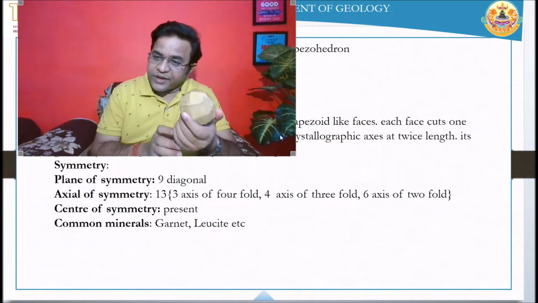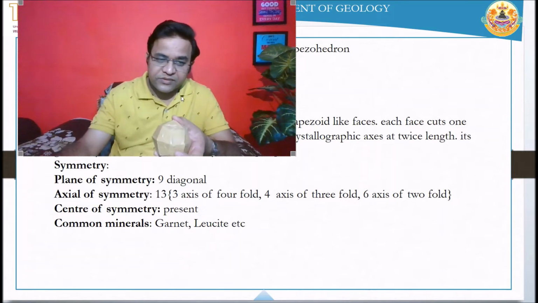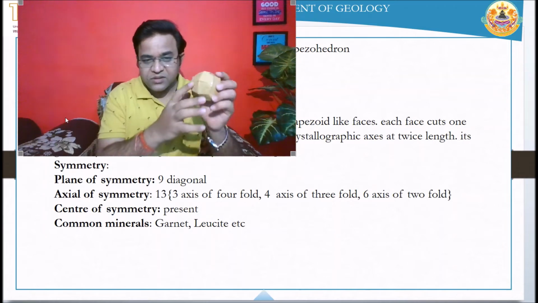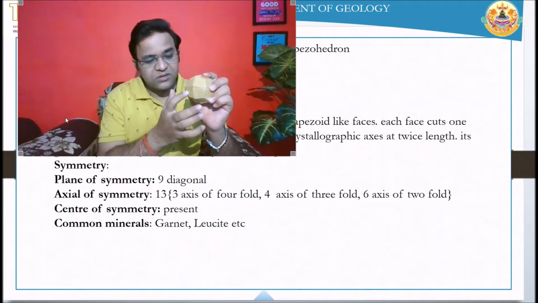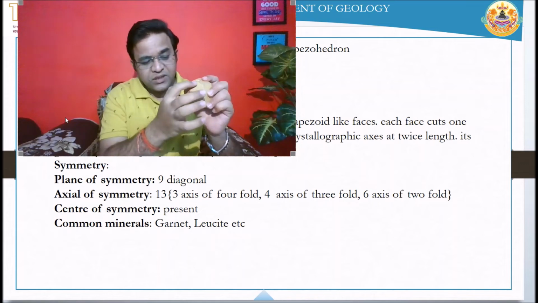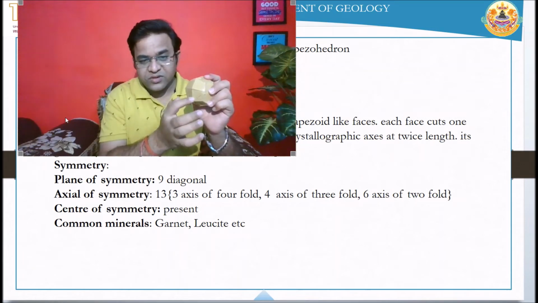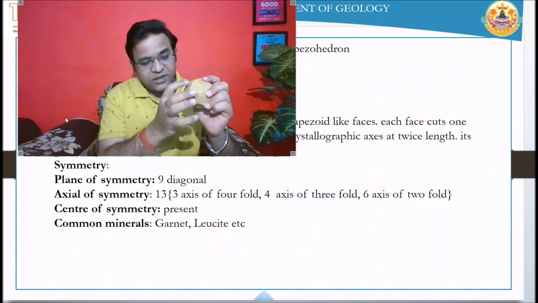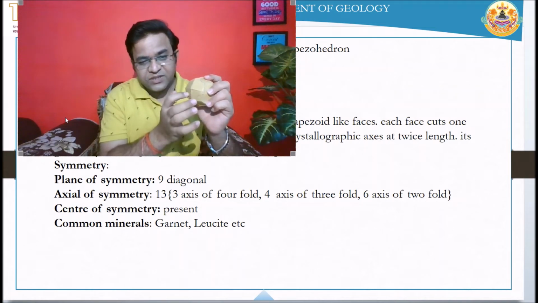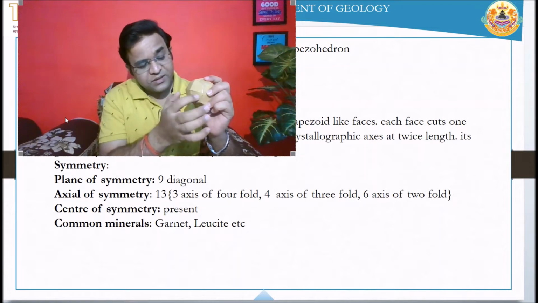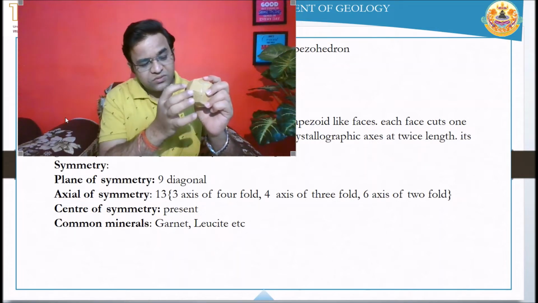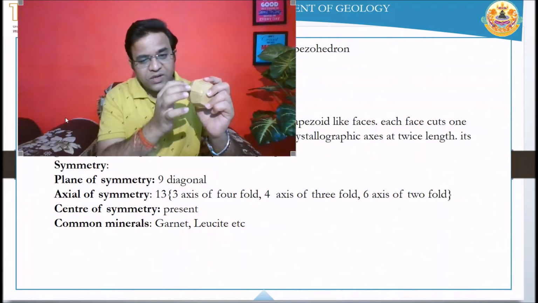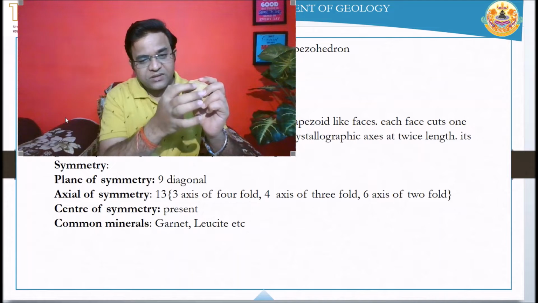Regarding the symmetry elements, you can see different types of faces. It is easily visible, and you can recognize these four. So it is made up of what? 4 trapezium-shaped faces, and each shows that these two are of the same length, and these two are of the same length.